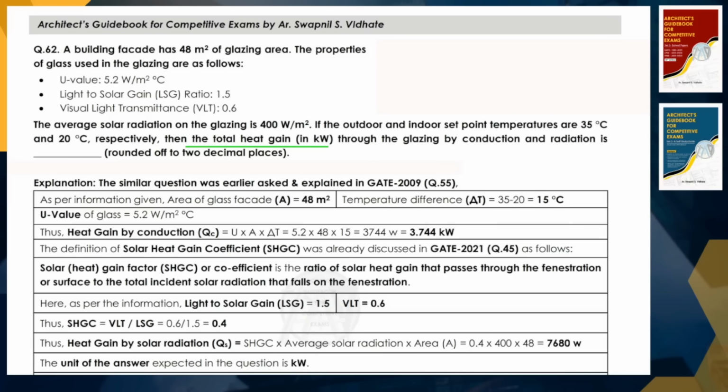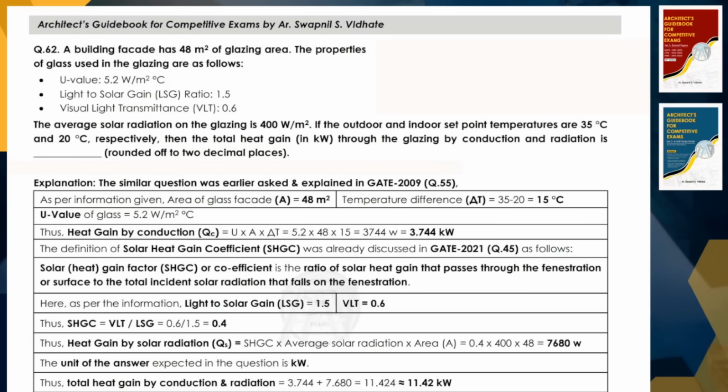The addition of 7.680 plus 3.744 will be 11.424. We want the answer rounded off to two decimal places, so we just ignore the last four. So the final answer we can put as 11.42. As per the official answer key, the range of answer is between 10 to 13. So our answer is in between the range. We'll get the full marks for this question.